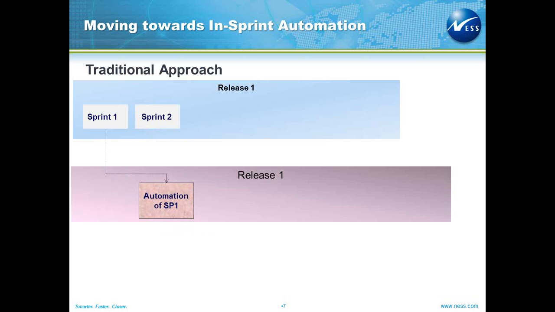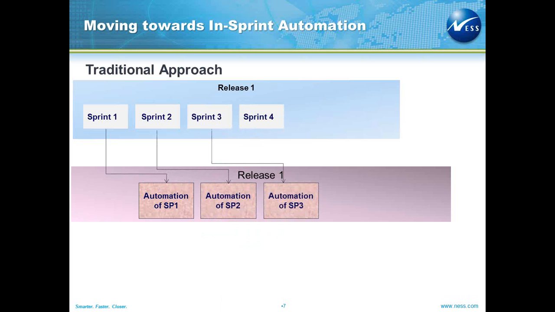Now, once I get my screen, the tester starts automating the features of sprint 1. Similar things happen for the corresponding sprints. And if you see this, I have ended my sprint 4, but still I am automating sprint 3.